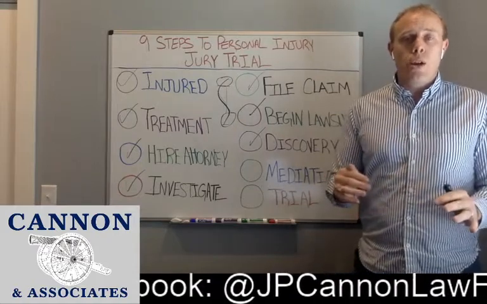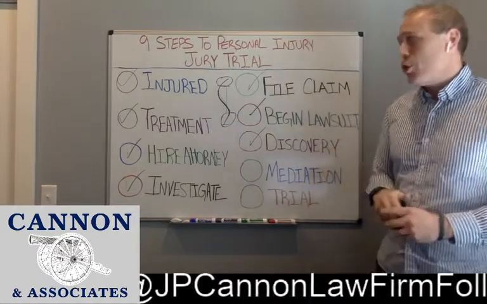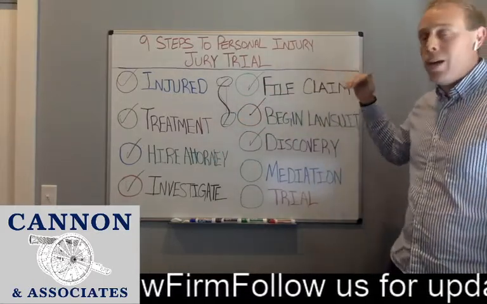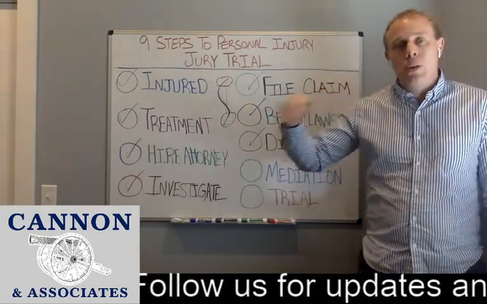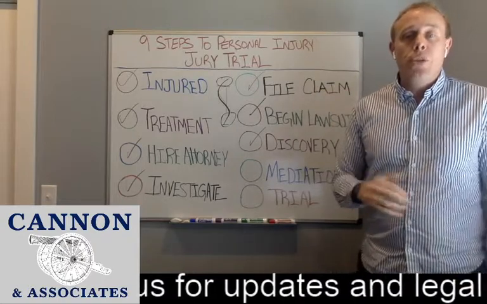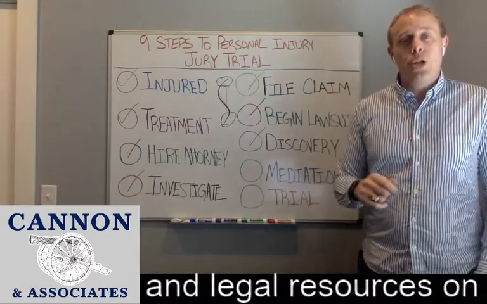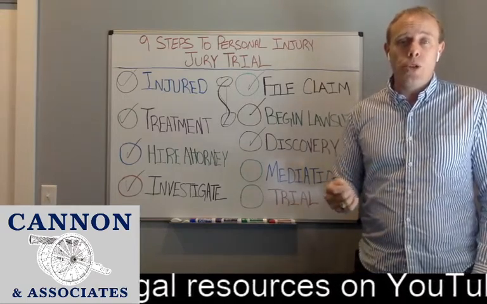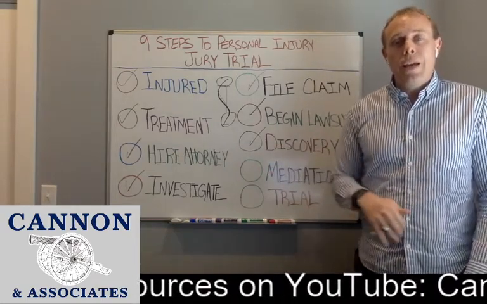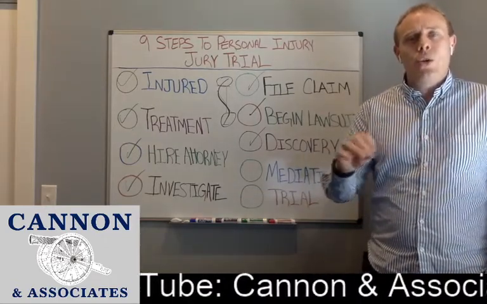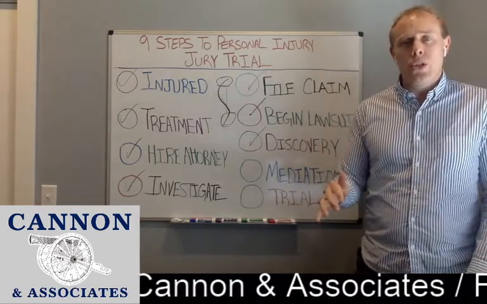If at the conclusion of discovery the parties have still not reached an agreement during the treatment phase, the investigation phase, the claim phase, the beginning of lawsuit and discovery, the defense will typically file what's called a motion for summary judgment. A motion for summary judgment is allowed under civil procedure in both state and federal law, and it allows defendants to state that the plaintiff hasn't raised a material question of fact that's worthy of a jury's consideration.